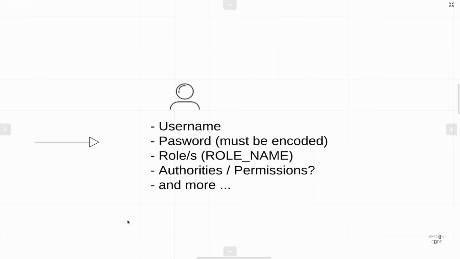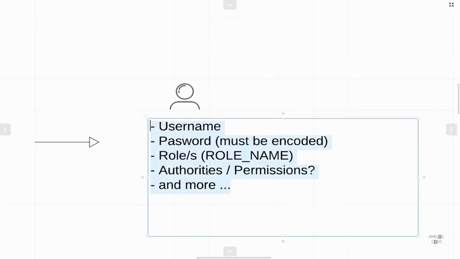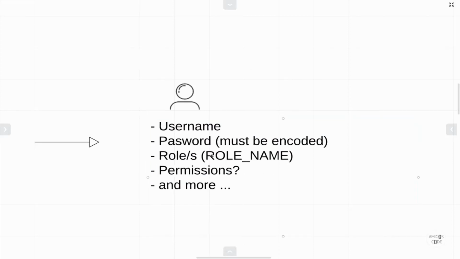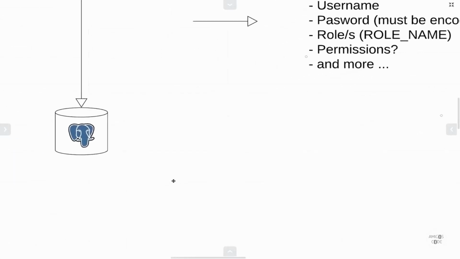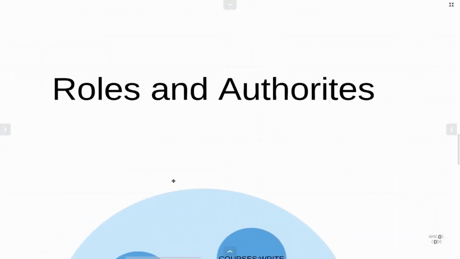The role is just the high level view, and then you have authorities or permissions. You'll see a lot of people say authorities, but I think this should be permissions because it's easy for you to reason about. Let me show you the actual diagram, and this will make complete sense to you.